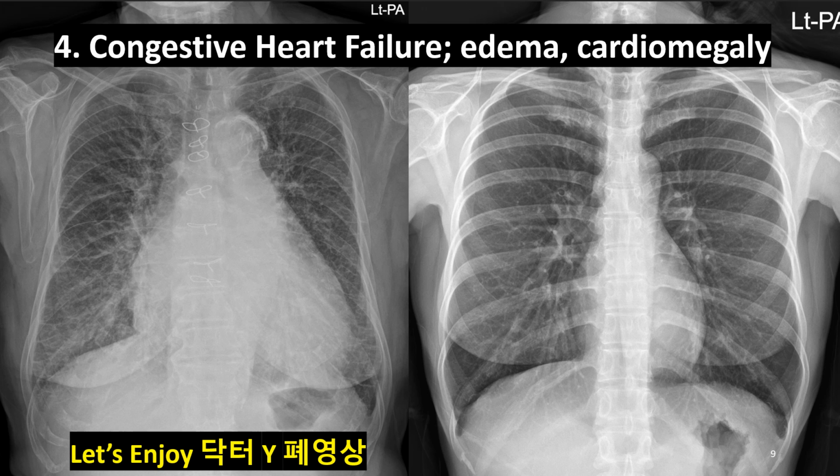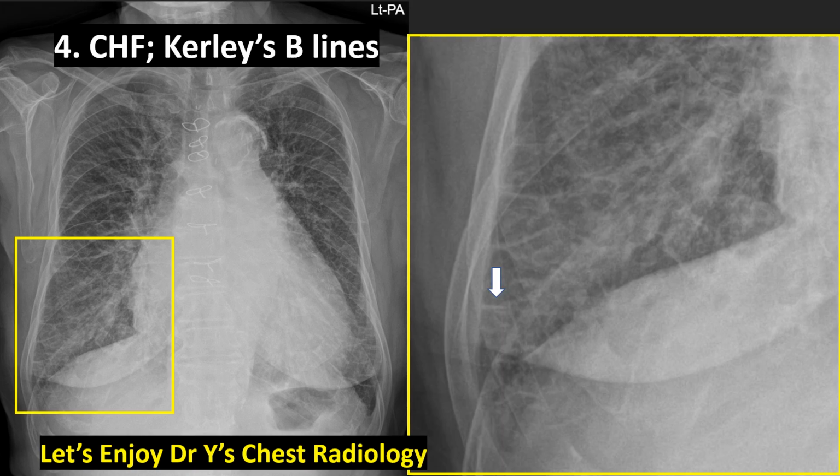Congestive heart failure, showing us pulmonary edema and cardiomegaly. This magnified view of the right lower lobe CP angle area shows us what Kerley B lines are. Actually, they are interlobular septal thickening, showing us interstitial fluid, interstitial pulmonary edema.